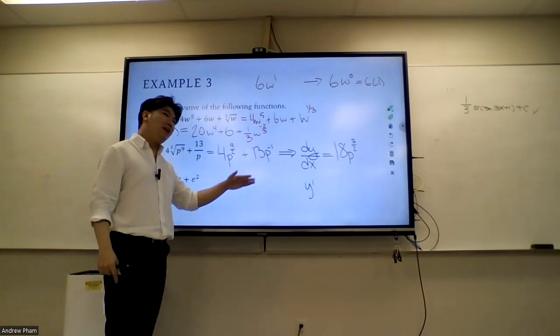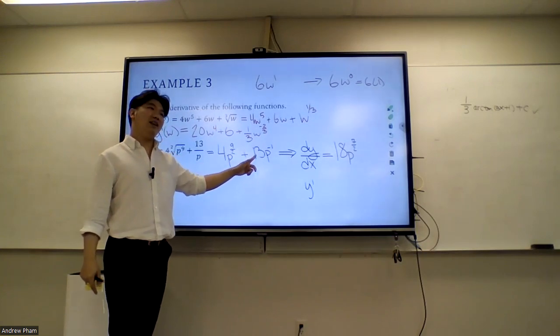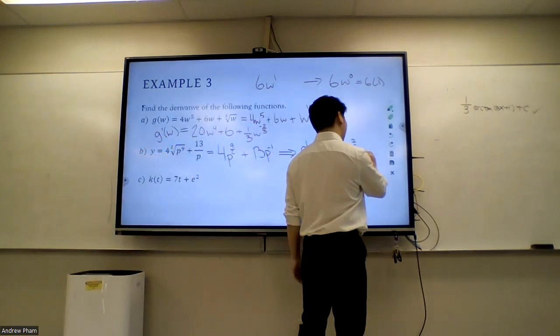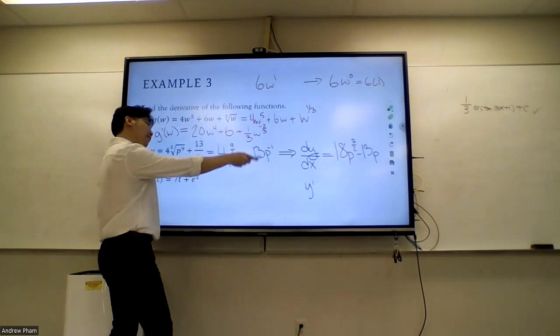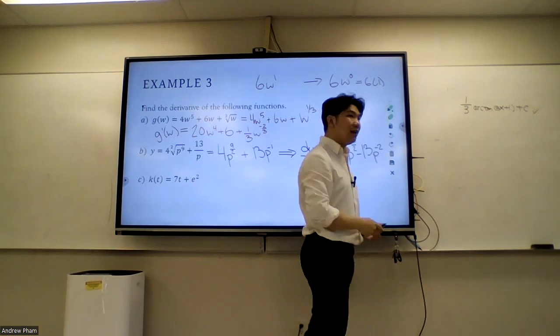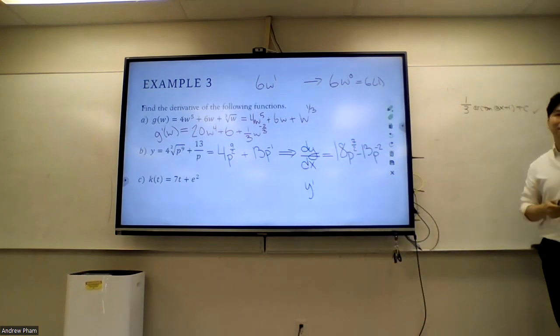Next one, I do the same thing. Bring down the power. So 13 times -1, I get -13. Times p to, what's the power of p here? Yeah, -1 minus 1, we got a nice -2. All right, we're done. We found a derivative.